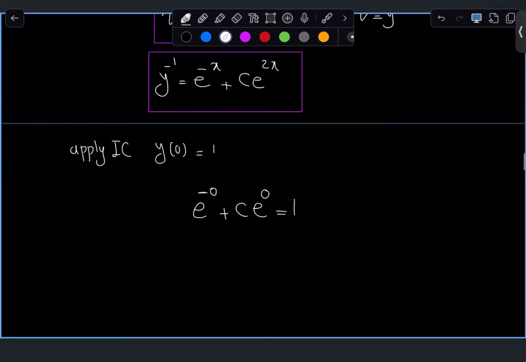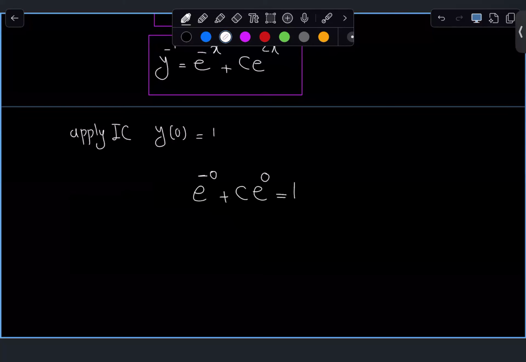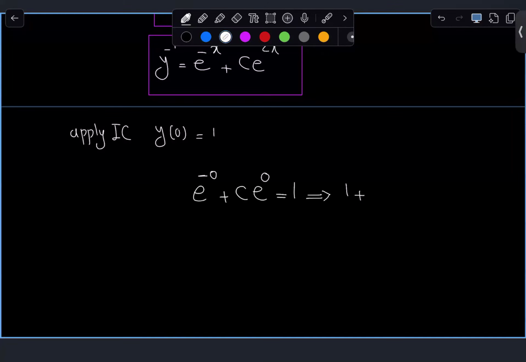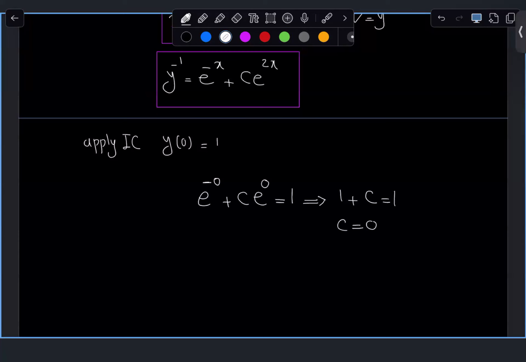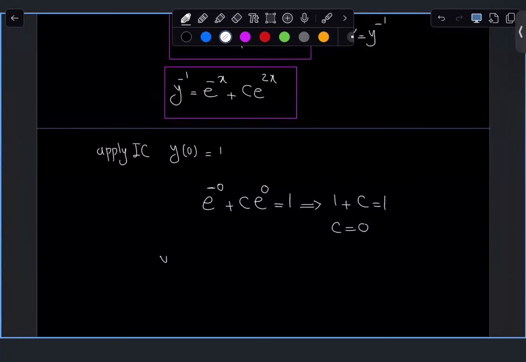Because the inverse of 1 is just 1, and this gives me 1 plus c is 1, and c is 0. Right? So finally, our answer is y to the -1 is e to the -x, or you can say y is e to the x.